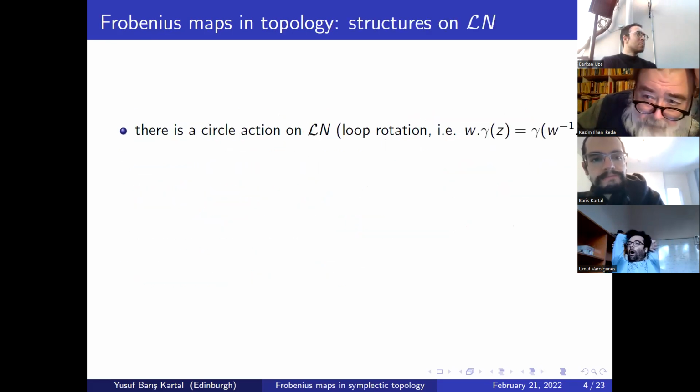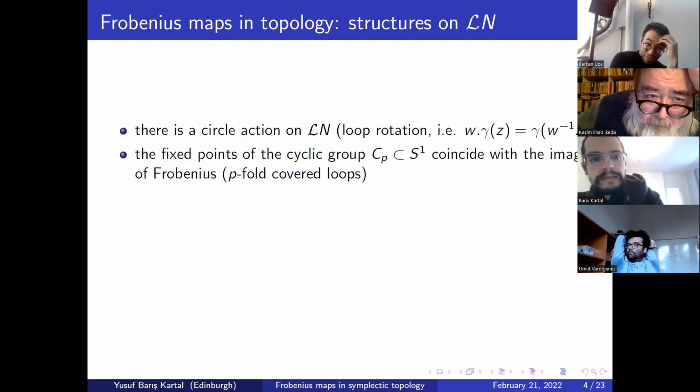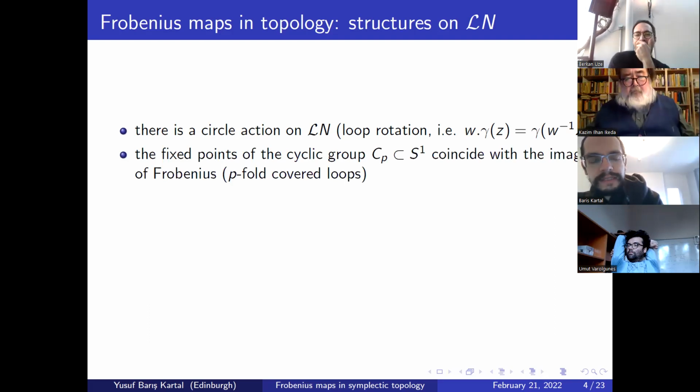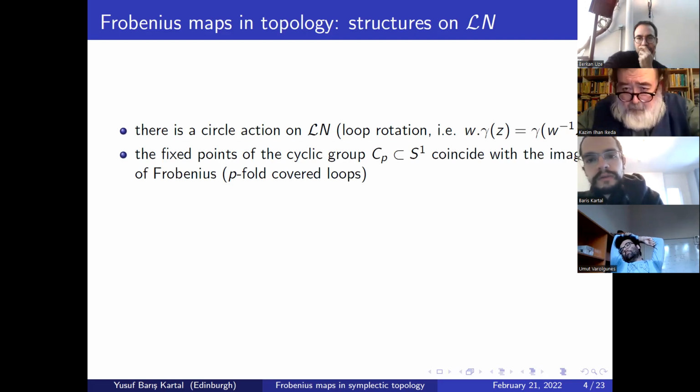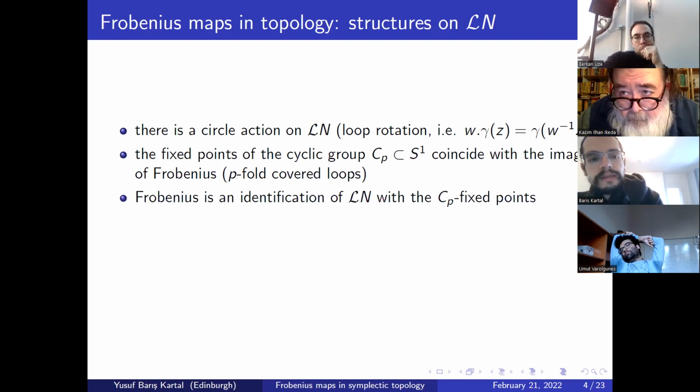Okay. And the free loop space is more structured than this. There's actually a circle action, the loop rotation, right? You rotate every loop, and the points fixed by the cyclic group C_p inside S^1, the points fixed by the rotation by 2 pi over p, coincide with the image of the Frobenius. So these are the loops that are p-fold covered. The Frobenius is actually an identification of the free loop space with the C_p fixed points.